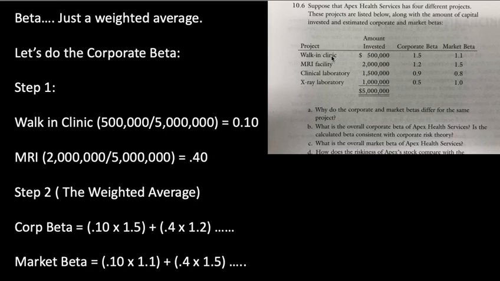Not every division or project within a company is going to do equally as well as the whole. It might, just by accident, do equally well. But let's say the company had a 20% increase in operating income. Would all of those divisions have a 20% increase?